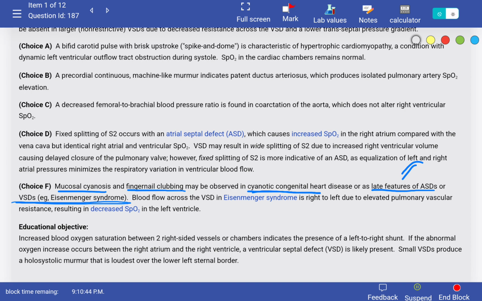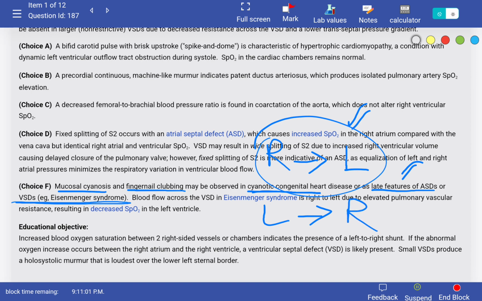They mean to say if the shunt is from right to left, right, they will cause early cyanosis, right? But as we know, in case of VSD or ASD, initially, that is left to right shunting, right? That is left to right shunting, so they will not cause cyanosis initially.